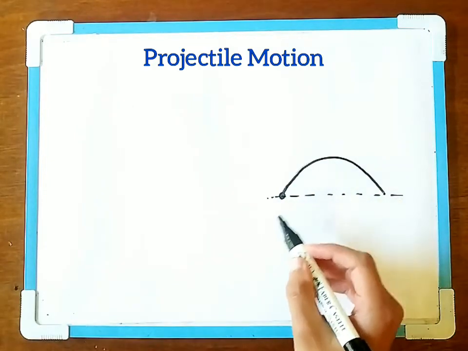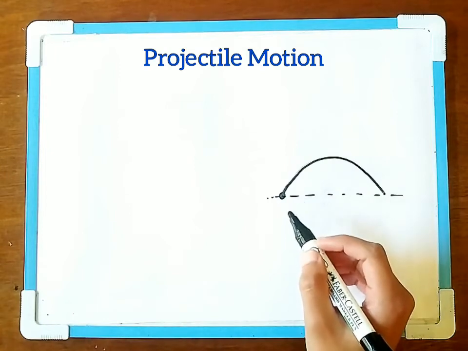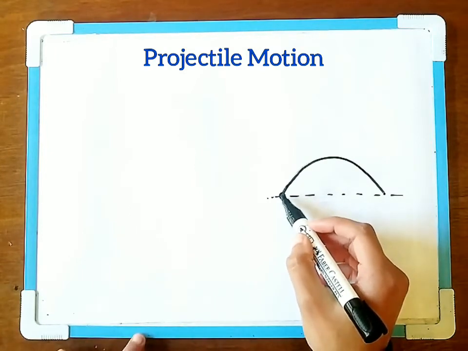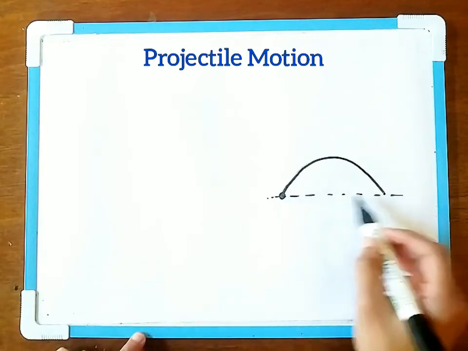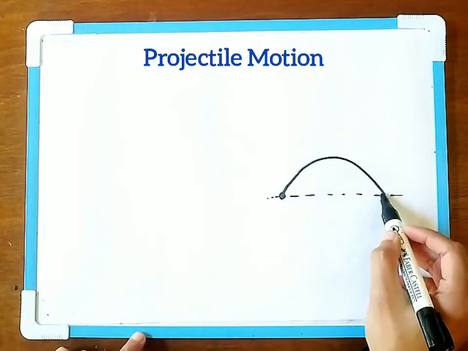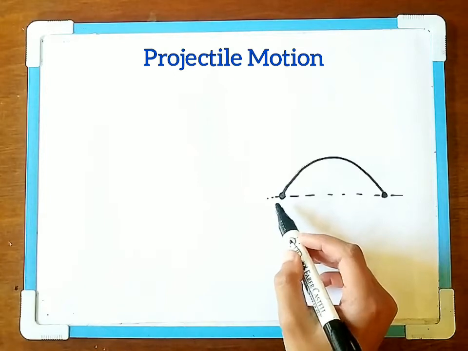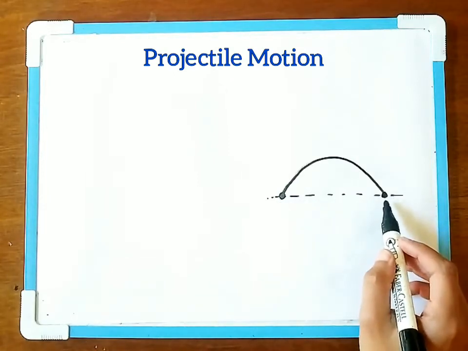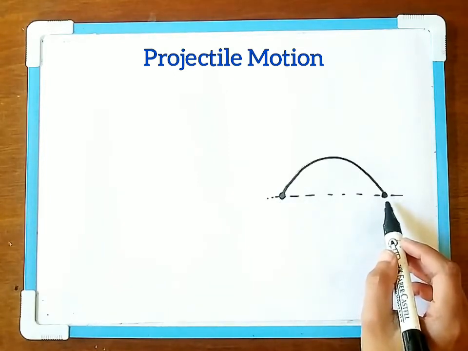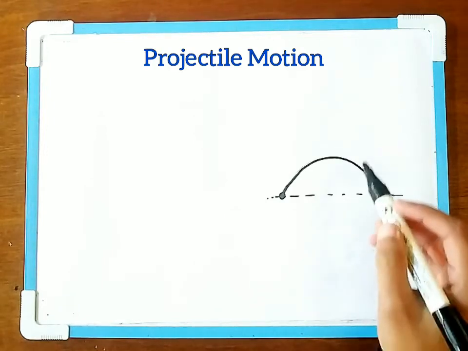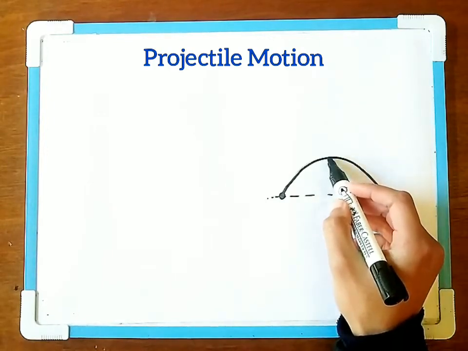So this is the path which the projectile will follow. Now the time of flight is the time taken for a projectile to cover this distance from this position to this position. That is the time from the starting position till it reaches the ground. So that is the time of flight, and the maximum height is this height here.